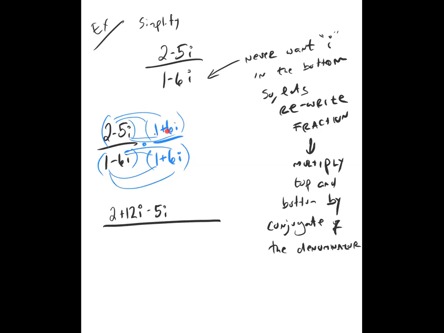Negative 5i times a positive 6i is a negative 30i to the power of 2. Catch a mistake, just let me know. Right, and we're doing the same thing at the bottom. It should be just 1 plus 6i minus 6i minus 36i to the power of 2.